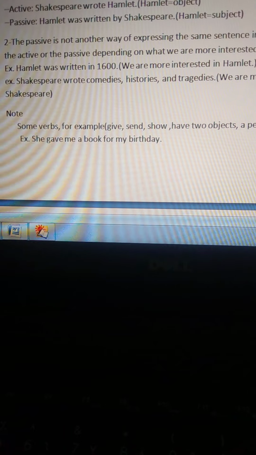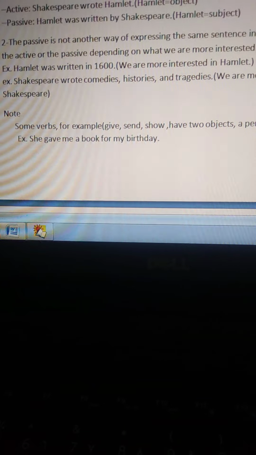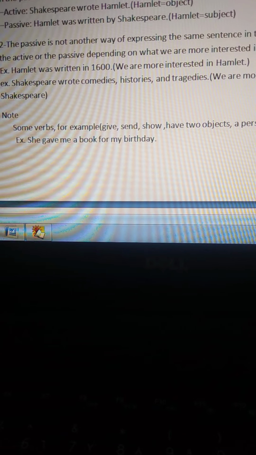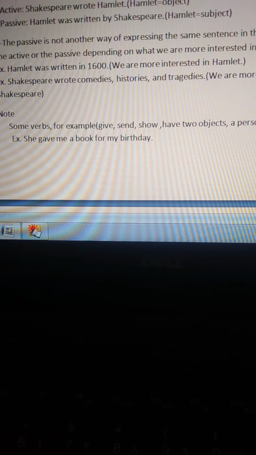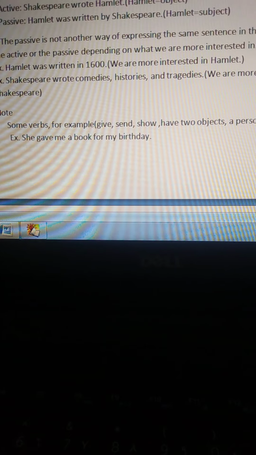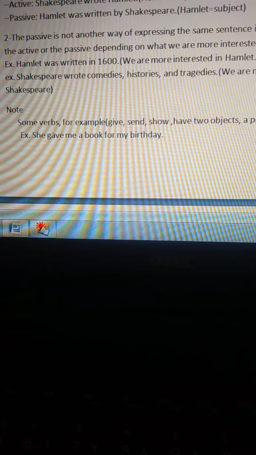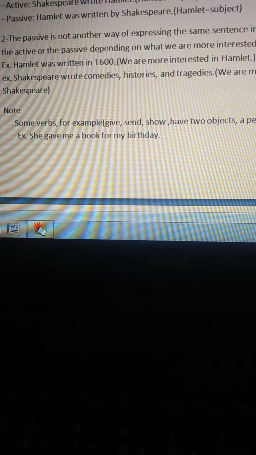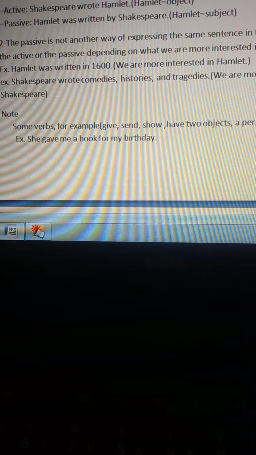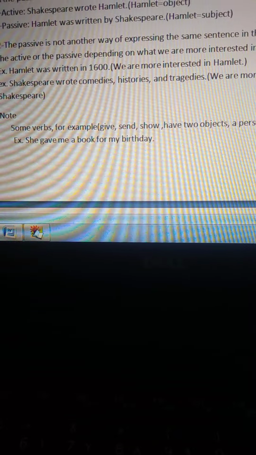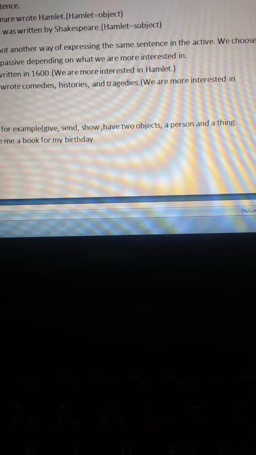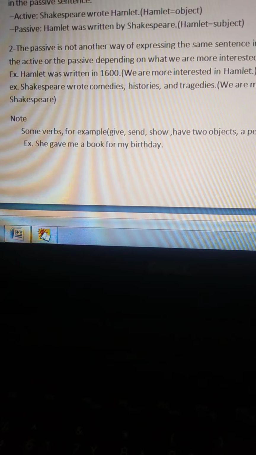Example: Hamlet was written in 1600. We are more interested in Hamlet. Second sentence: Shakespeare wrote comedies, histories, and tragedies. We are more interested in Shakespeare.